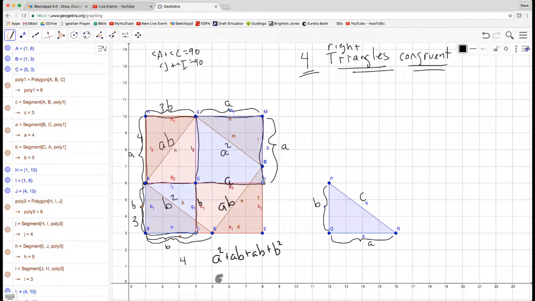And that's also A squared plus 2AB plus B squared.